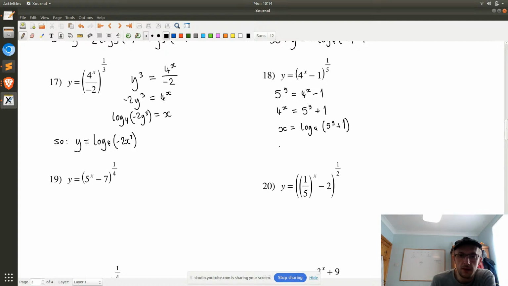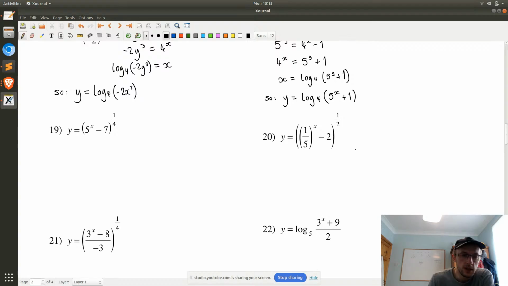And then swap the variables. Like that. 19th. Raise both sides to the power of 4. Add 7 to both sides. Log base 5 of both sides and swap the variables.